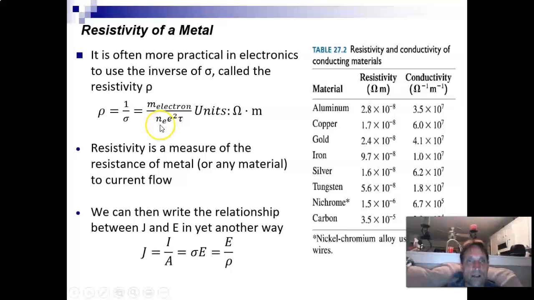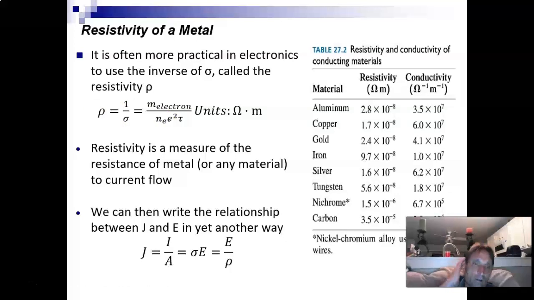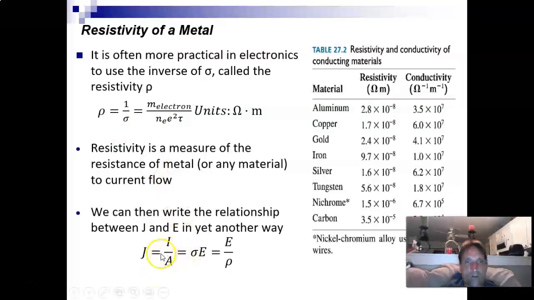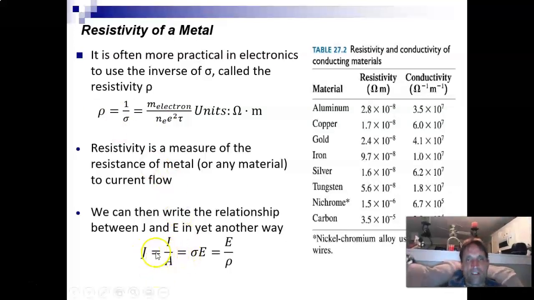If you have a greater density of conducting electrons, that's going to be less resistance to current. If you don't have as many electrons free to move around, that's going to be a bigger resistance to current. So we can write the current density either in terms of the conductivity times E or in terms of 1 over the conductivity, which is the resistivity, times E.